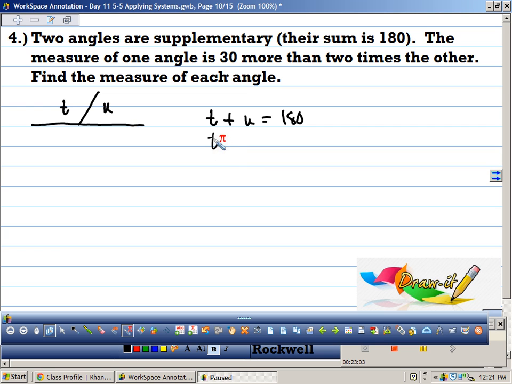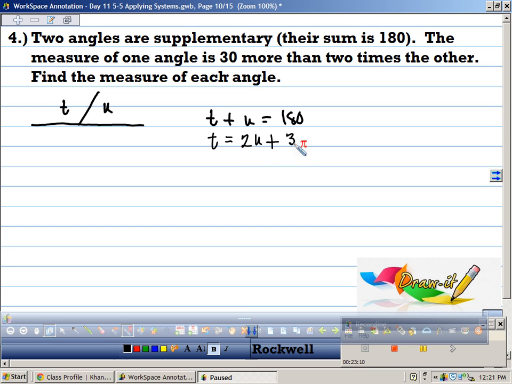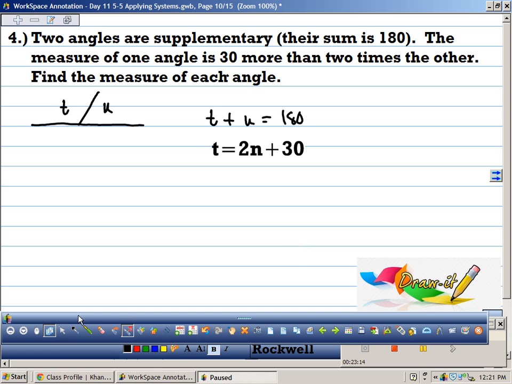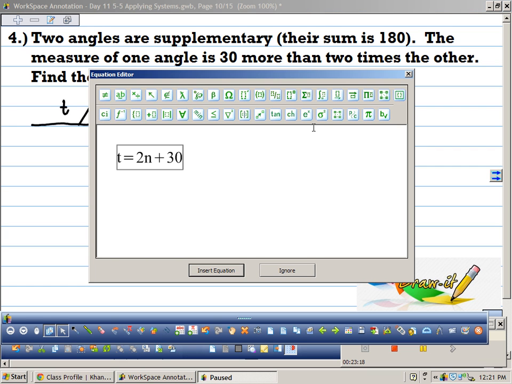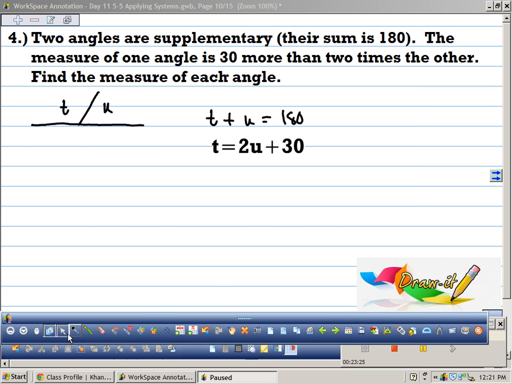Okay, so I have T equals 2 U's plus 30. It made it an N. Well, I have to practice with it, right? Okay.